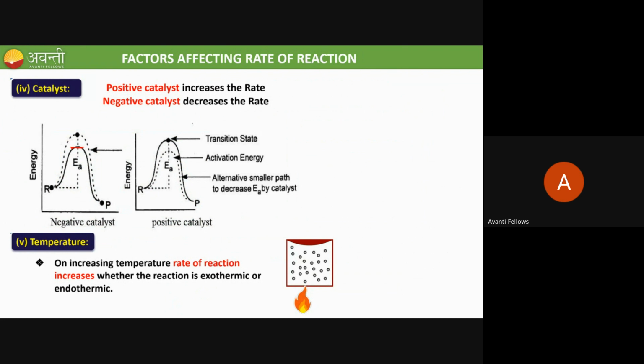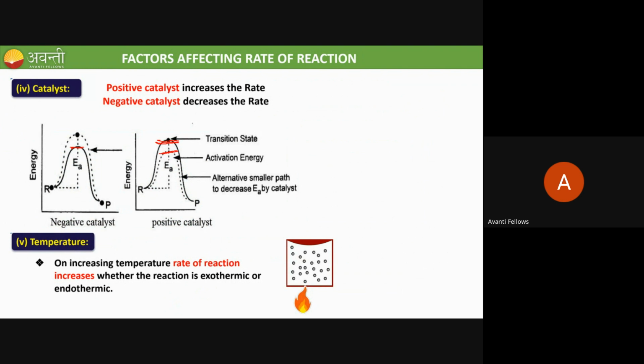If you are using a positive catalyst, this is the actual activation energy needed for the reaction, but on putting in the positive catalyst, the activation energy is reduced. So the molecules get activated easily and the reaction occurs so fast. So the rate of the reaction will be very, very high.